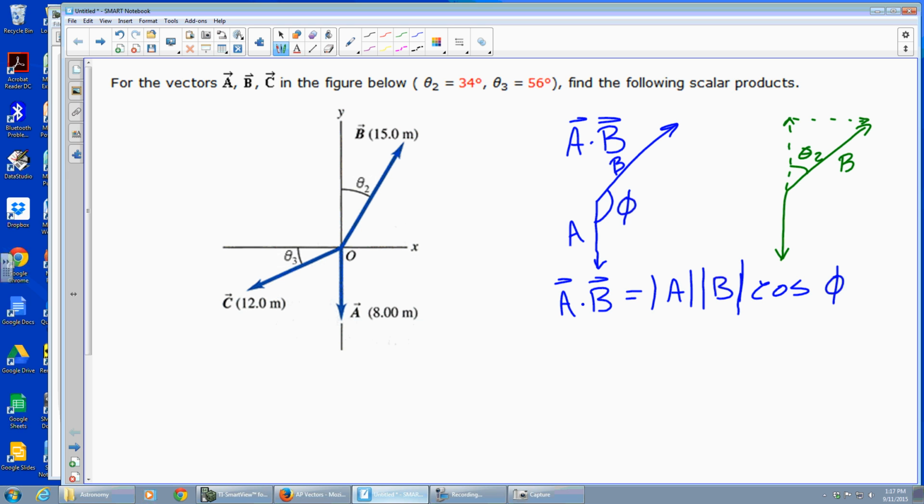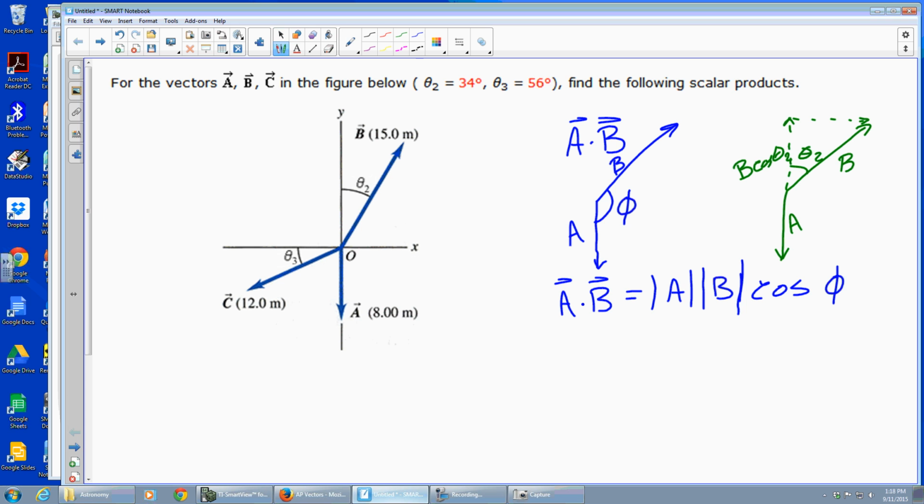I'm interested in multiplying A by B cosine theta 2, and they're in opposite directions. But if I'm looking at just the two, phi is the angle between them, and it's cosine still.